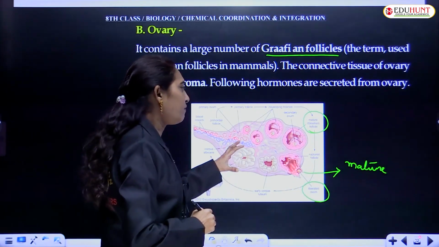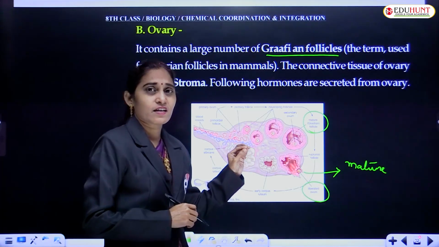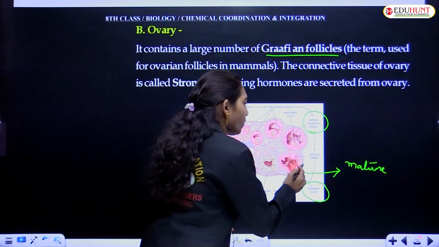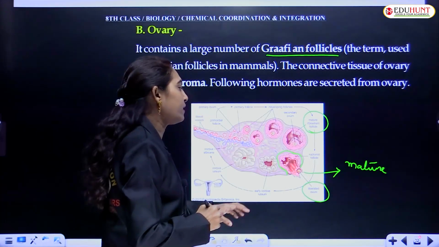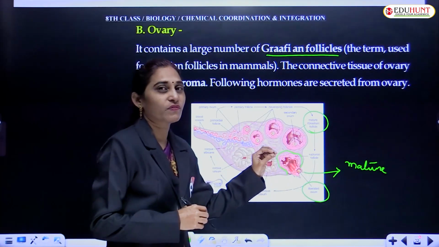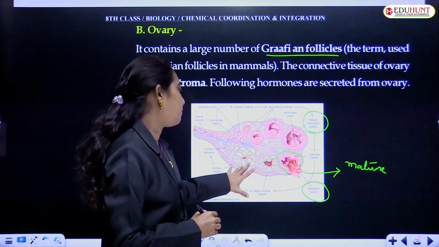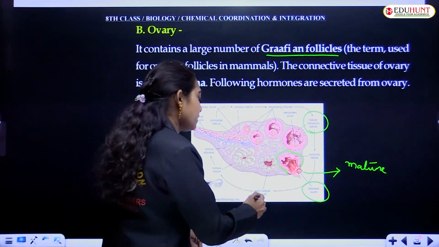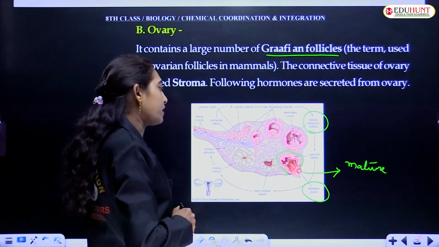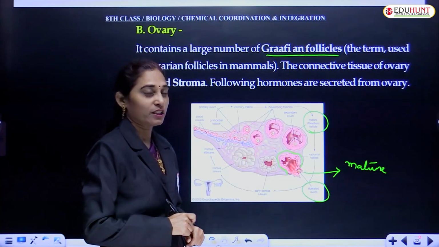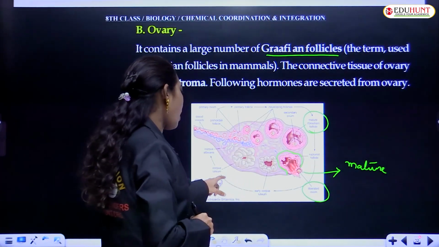After the release of the egg, the wall of the Graafian follicle forms the corpus luteum. The wall of the Graafian follicle after ovulation is called the corpus luteum.